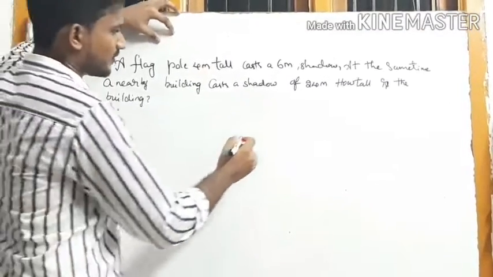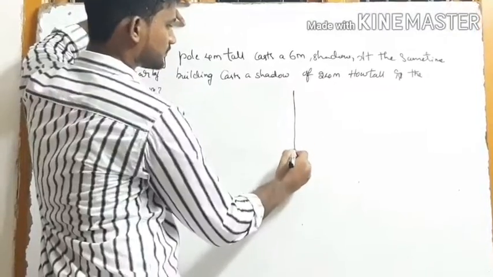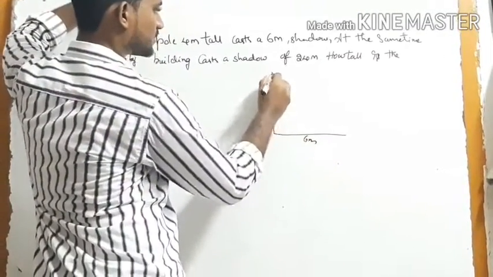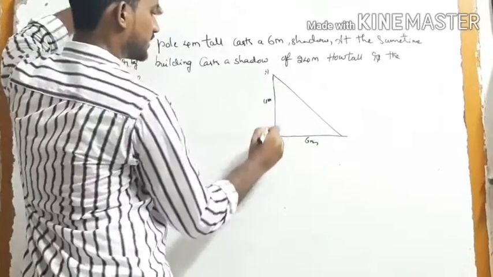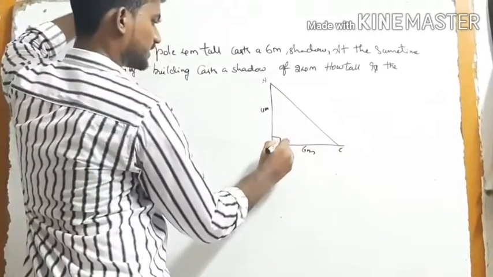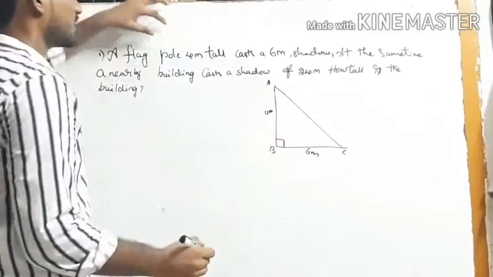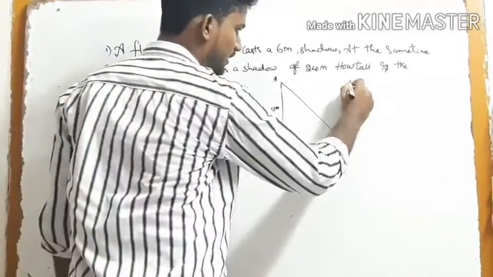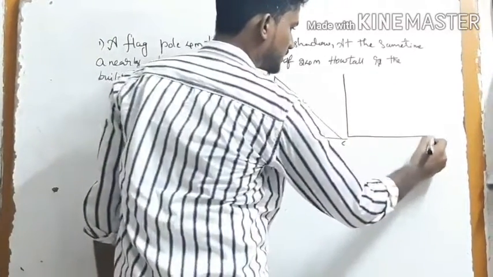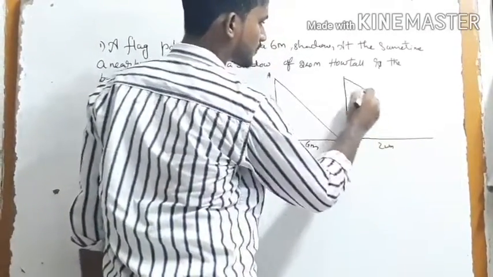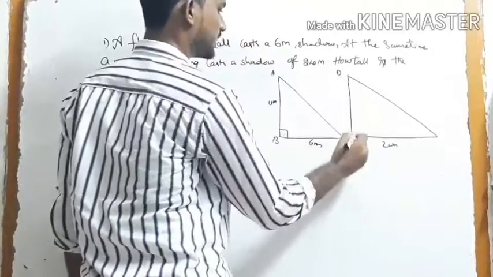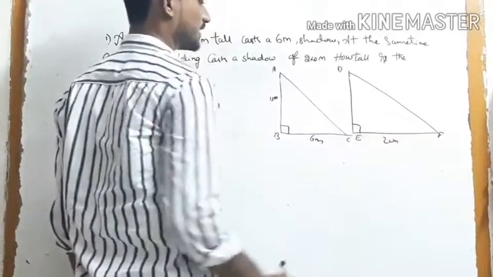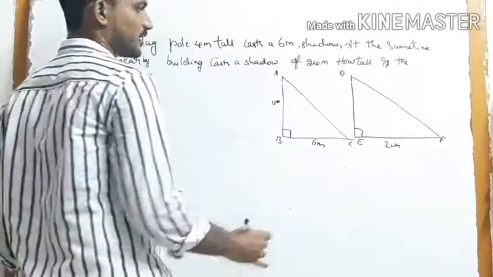First, we take a flagpole of height 4 meters with a 6 meter shadow, this is A, B, C, with 90 degrees at B. Then the building casts a 24 meter shadow, this is D, E, F, with 90 degrees at E, and we want to find x.